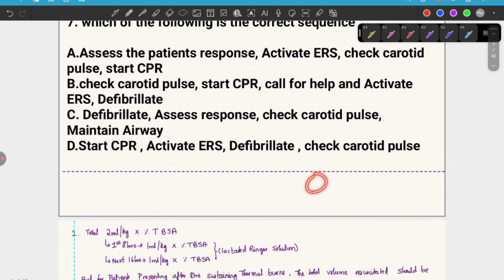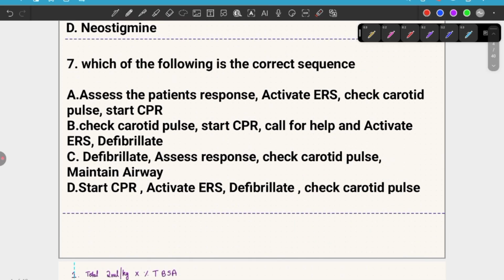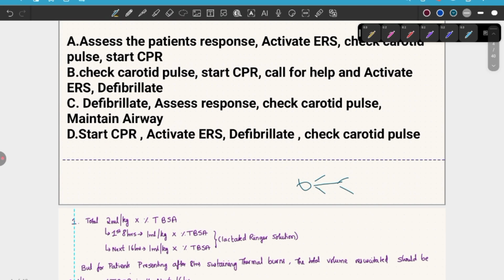When you see some patient lying there, first you have to see the safety of the patient. Safety of the patient is not given in any of the options, so let's ignore it in this question. Not in a real-life scenario, though. You have to see the safety of the patient. If it's not a safe place, then you have to shift the patient to a safer place.